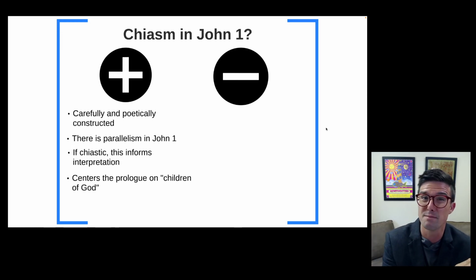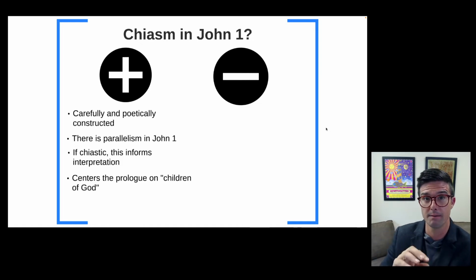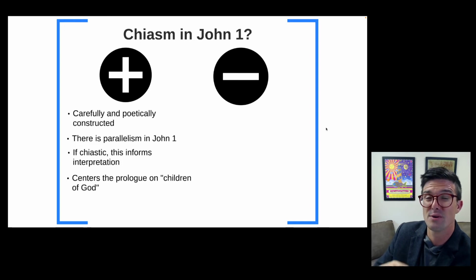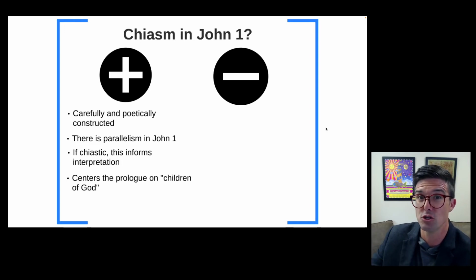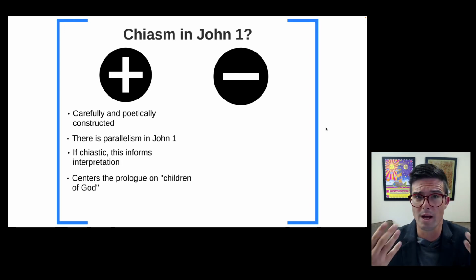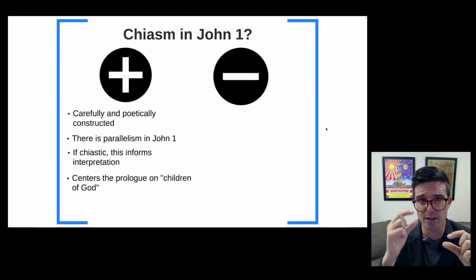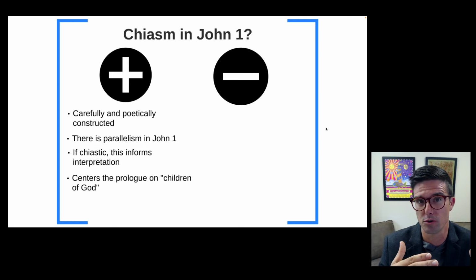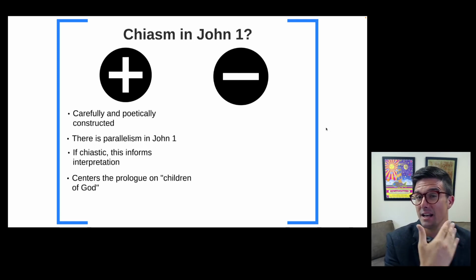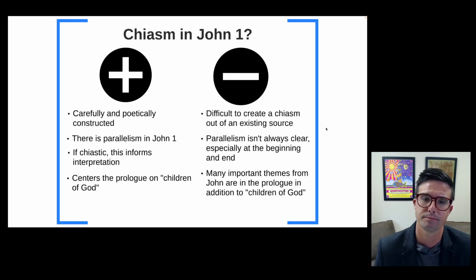That then becomes a lens by which we can read the entire gospel, thinking about how the gospel serves to encourage one to believe and to become a child of God, or to enter the fold of the children of God. This way of thinking about the structure centers the prologue on that central point and gives us an interpretive key, not just for the prologue, but perhaps for the entirety of the Gospel of John.